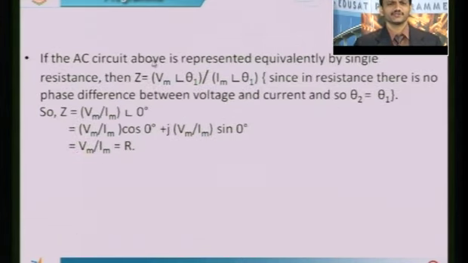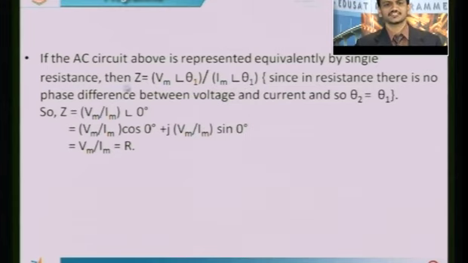Now if the AC circuit above is represented equivalently by a single resistance, let us consider the AC circuit to be a network of resistances that you can effectively replace by a single resistance, say R. Then the impedance of the circuit Z is equal to Vm at an angle of theta 1 divided by Im at an angle of theta 1. Earlier there was theta 2 here, now theta 1, for the simple reason that a resistance does not provide any phase difference between the voltage and the current. This we have seen in our basic courses.